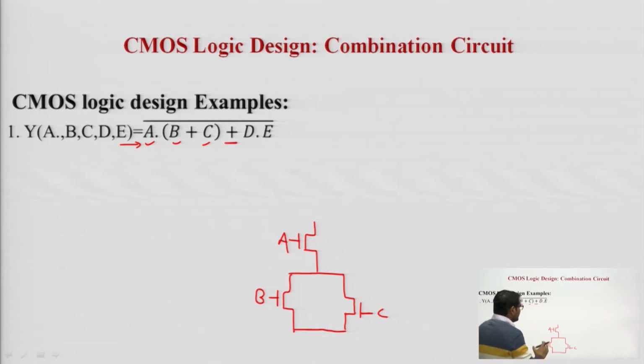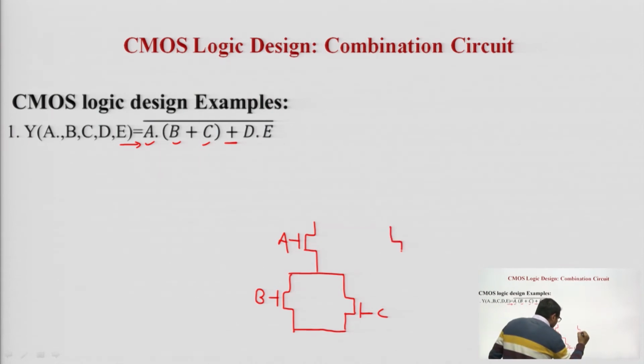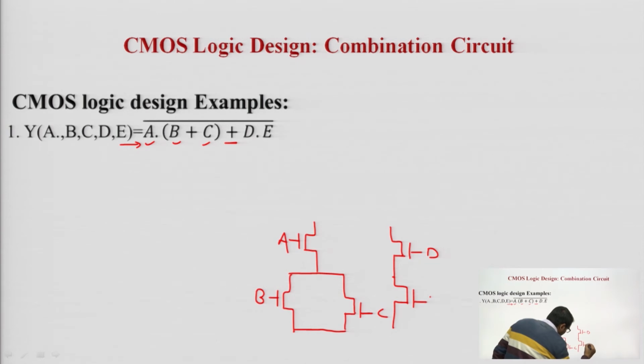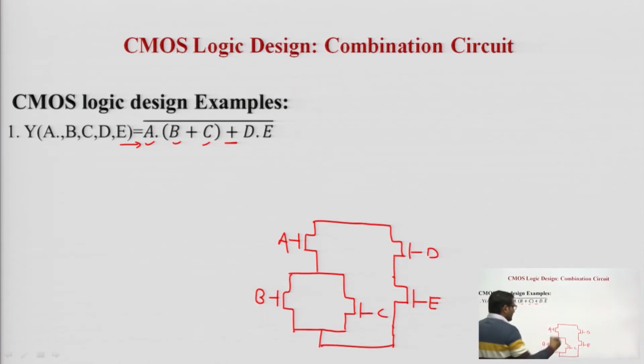Plus operation means we jump to a parallel network. So this is our first network A, B, C, and next D, E is parallel to A, B, C. This is D. D dot E: D and E follow an AND operation, so D and E are connected in series. These are our pull down network.